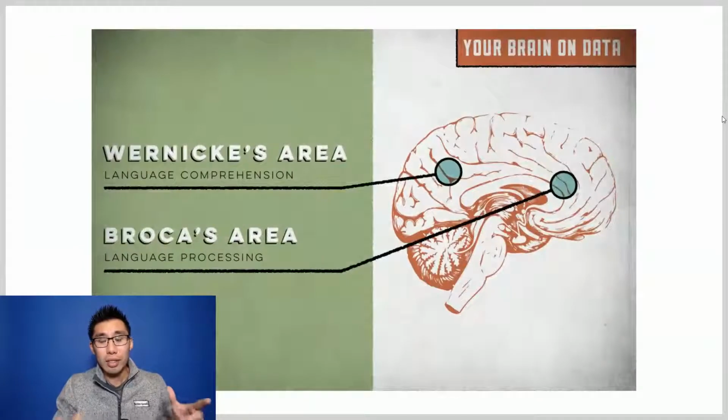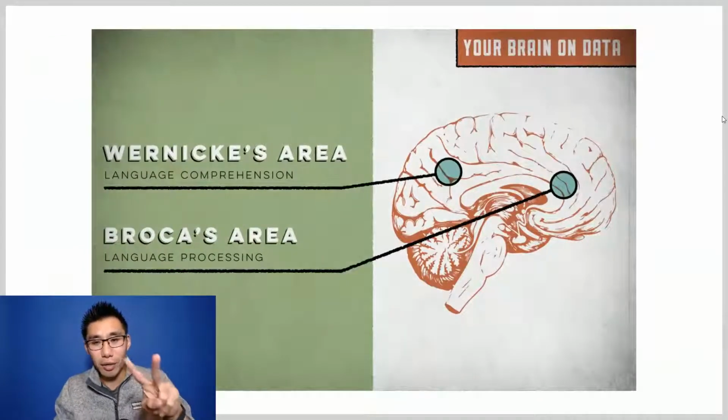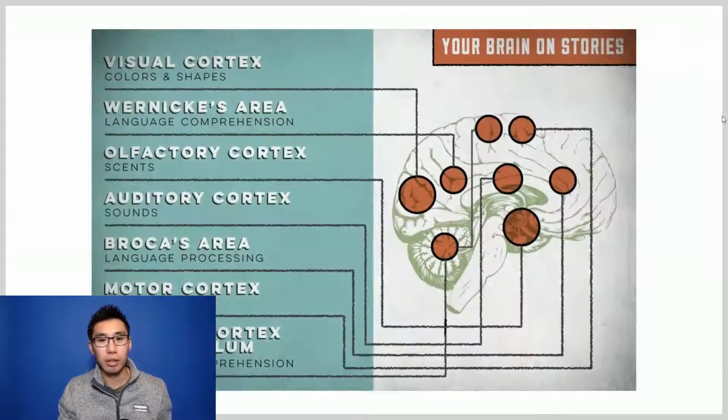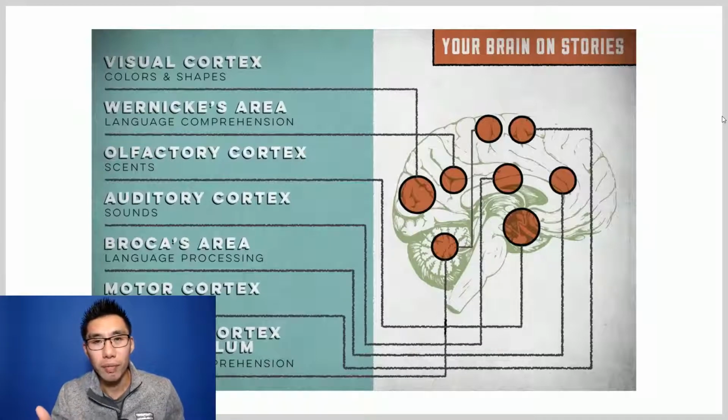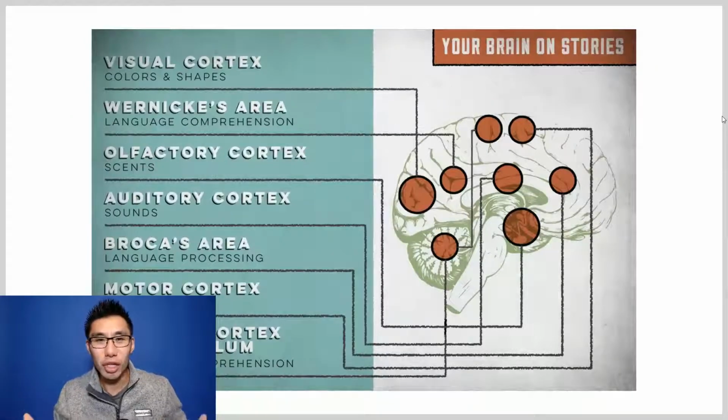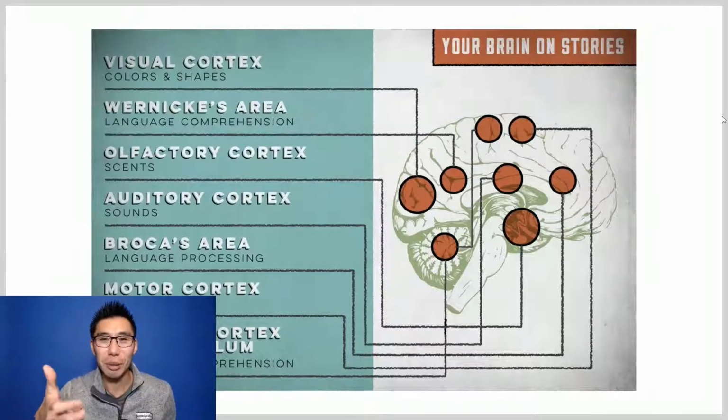You see, this is your brain on data. Only two areas light up, the language comprehension and the language processing side of things. But when your brain is on stories, have you ever heard a story, or as some people have told me before, they were hearing a story about pizza, and the person can start smelling the cheese pizza and imagining what it will taste like, maybe having that cheese pizza in their hand?